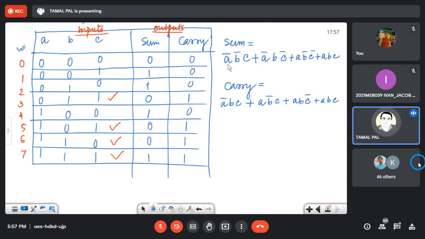So if you realize this using logic gates, you can do this, no problem. I'm not getting into that detail because it requires lots of wiring, lots of gates. If you are asked to use two input AND and OR gates, then it is a little bit clumsy.